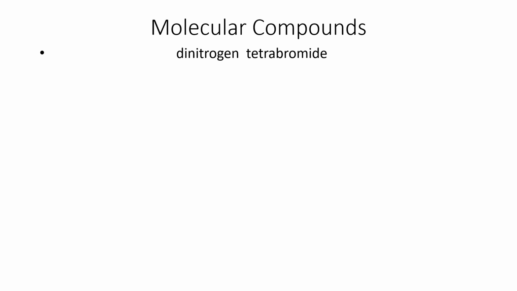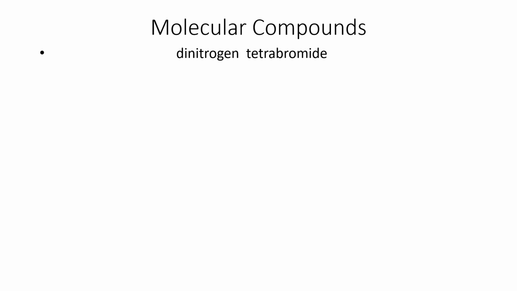Well, first, are we really dealing with a molecular compound? Well, when you look at nitrogen on the periodic table, it's a nonmetal. When you look at bromine on the periodic table, that's also a nonmetal. So we have our 2 nonmetals in place. So we're definitely dealing with a covalent compound, a molecular compound.